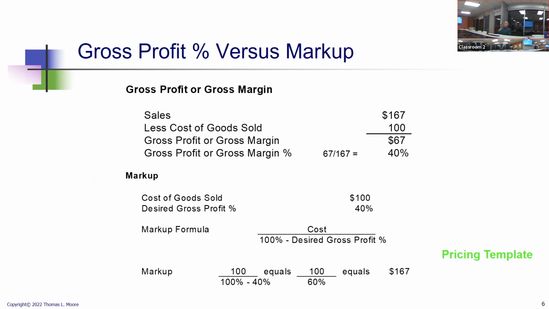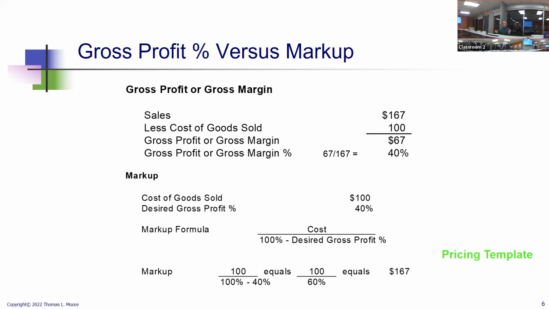So another part of the pricing question is understanding, if I'm selling my product or my service, and I have a cost associated with it, what is my gross profit or my gross margin? And then you may have heard the term markup.